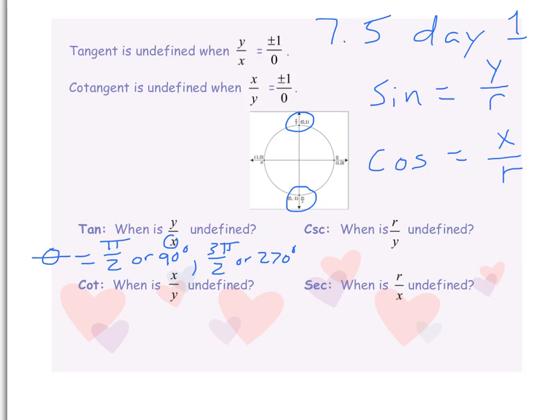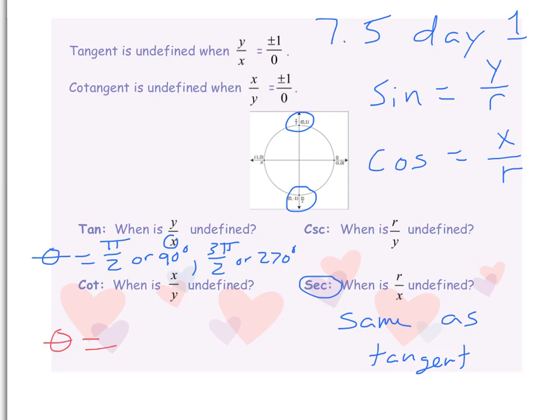That's where tangent's undefined. Now let's jump down here to secant, because even though secant is x over r, it still has x on the bottom. So all I'm going to put here in my notes is secant is just simply the same as tangent, because they are both over x. Let's jump back over to cotangent.